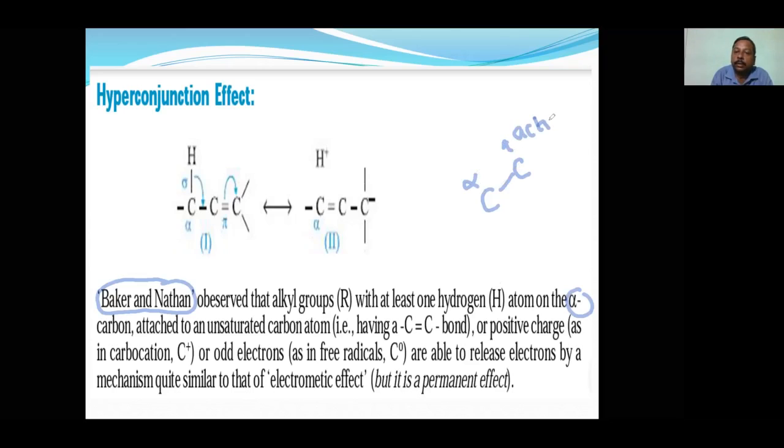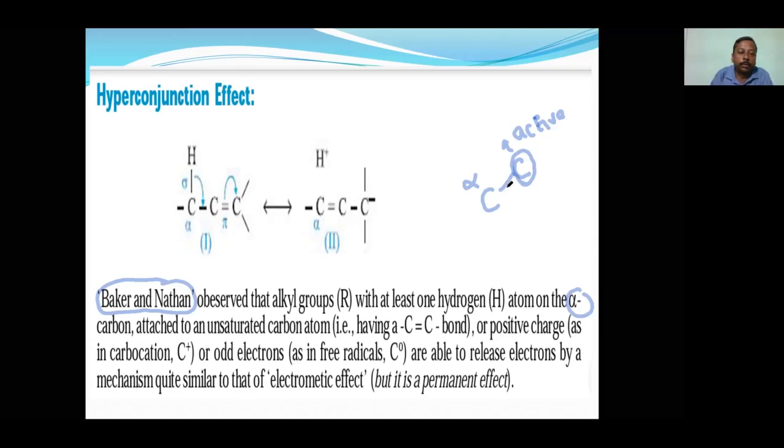Active carbon means it can have a functional group, it can have a pi bond, it can have a positive charge. So this is a highly reactive carbon. Any carbon attached to the active carbon is called an alpha carbon, and any hydrogen available on the alpha carbon is called an alpha hydrogen.